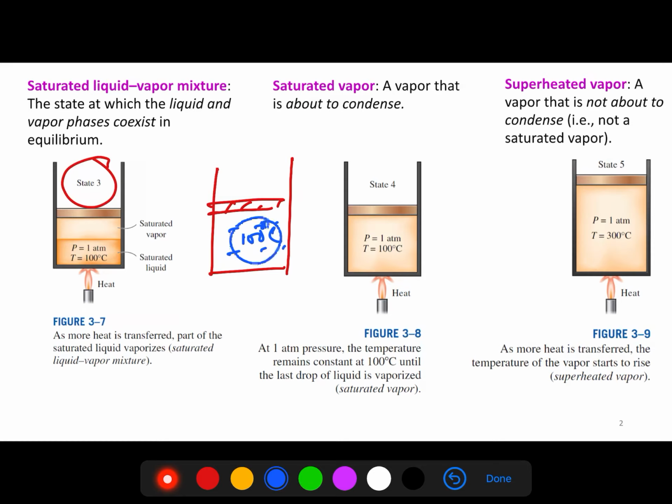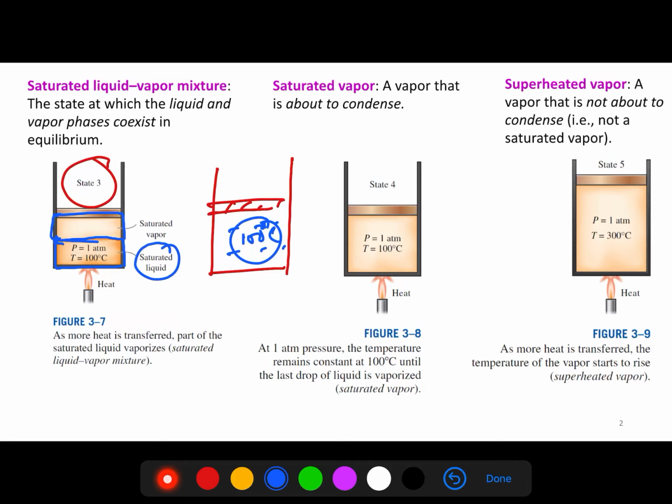At 100 degrees centigrade we still have liquid, and some of the liquid will transform to vapor, and the temperature will stay at 100 degrees centigrade until all the saturated liquid has transformed to vapor.